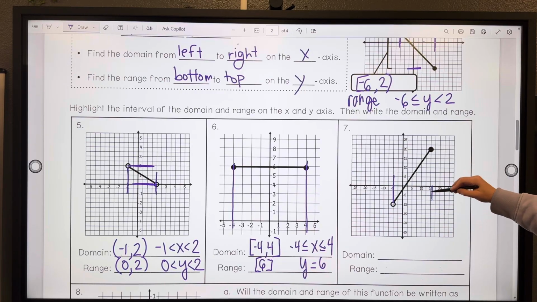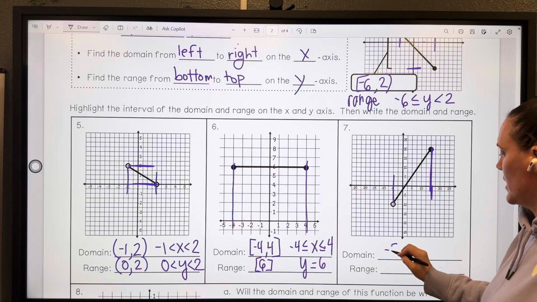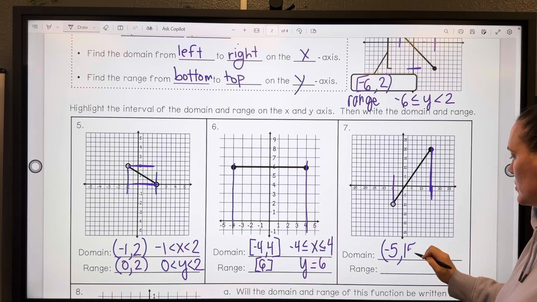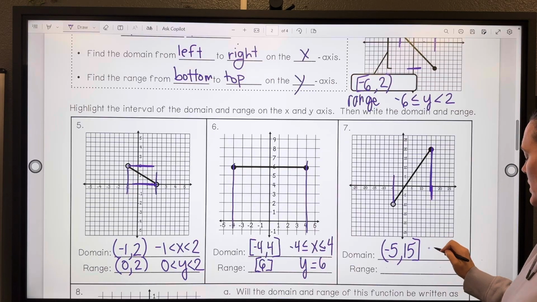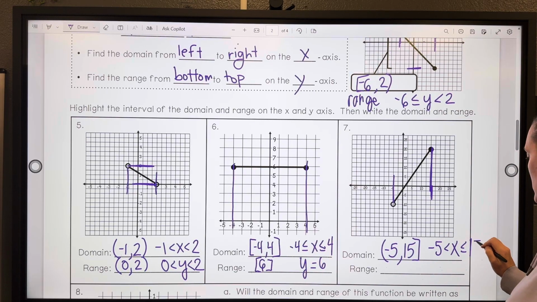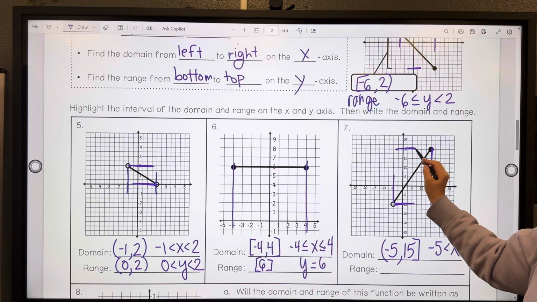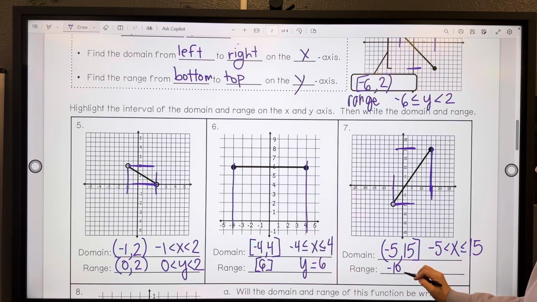Smallest value on x and largest value on x. So we're going from -5 with an open circle to 15 with a closed circle. So -5 is less than x, is less than or equal to 15. And then on y, the smallest value is negative 10, largest value is 20, so negative 10 to 20.